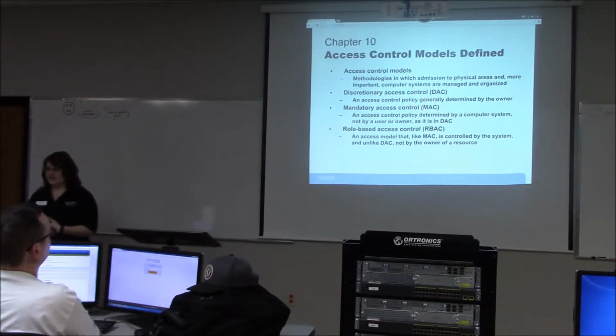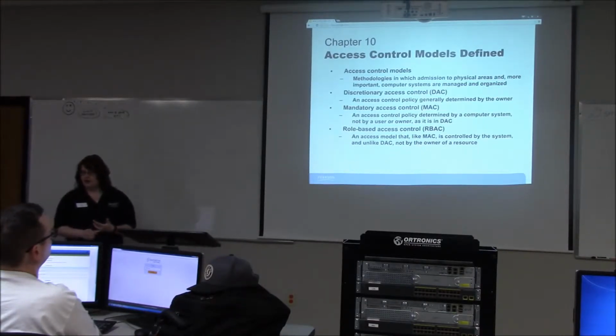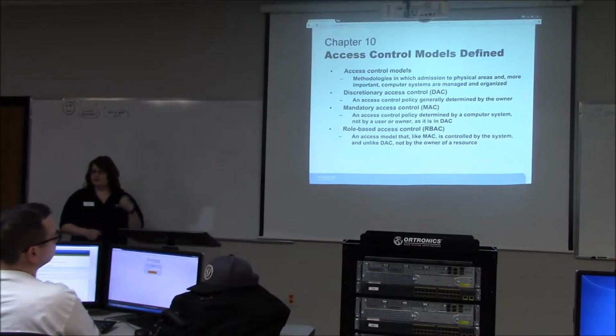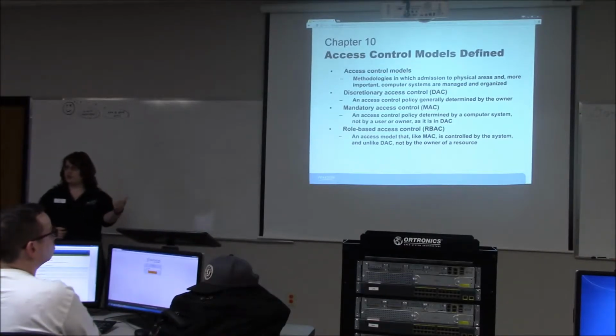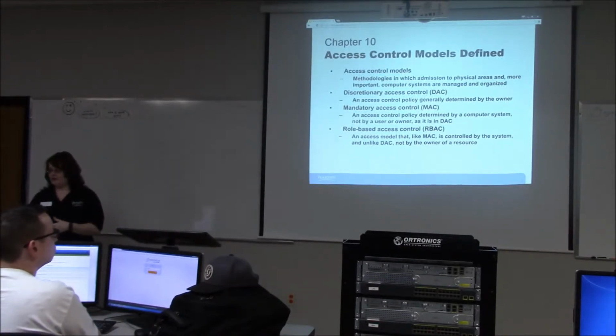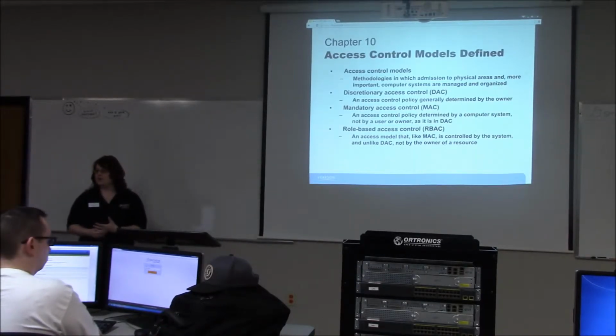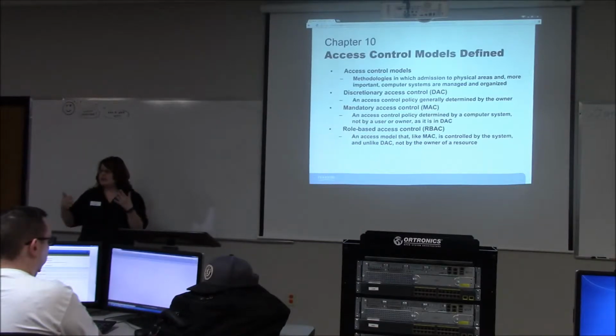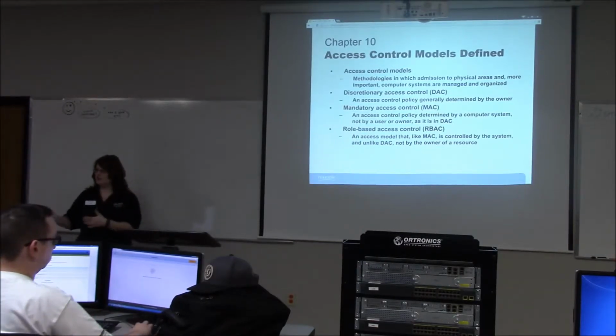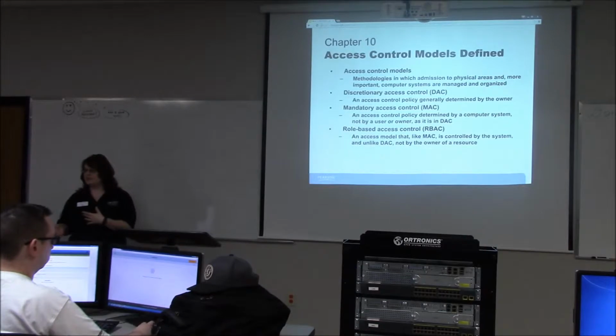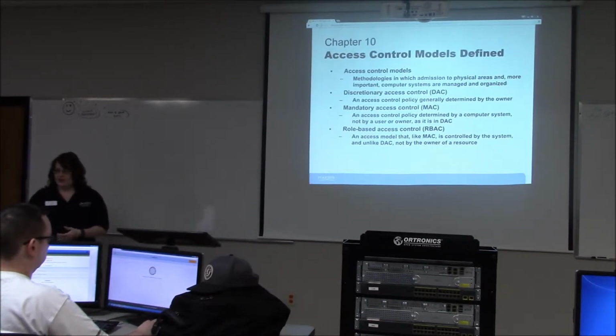Then we have the mandatory access control model. So that is defining a label to the user and to the objects, and that's kind of like a security clearance level, you could say. So it's a level of trust. Who needs to know that data to be able to complete their job? Is it absolutely necessary for them to have that to do their job?